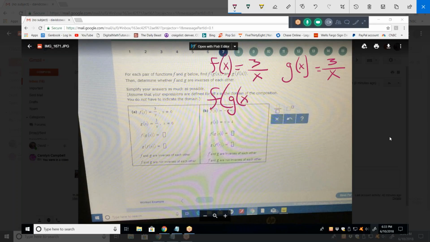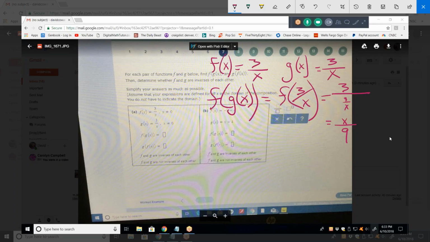And do it step by step. I'd have to put the g of x into the x position. So it'd be 3 over g of x. Okay, use your terminology. This is f of 3 over x, which is going to be 3 over 3 over x, which is going to be x over 9. So that's f of g, x over 9.